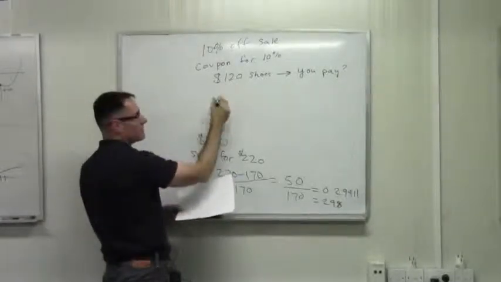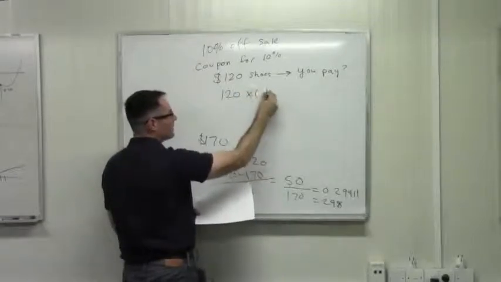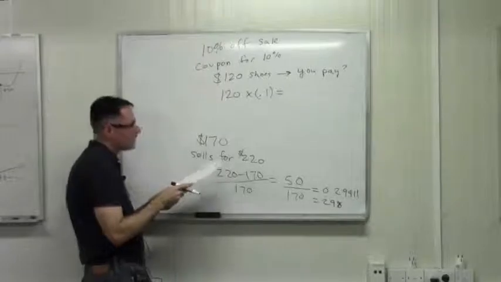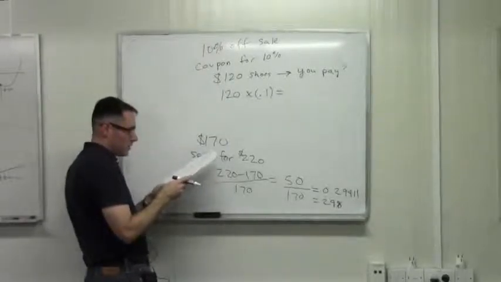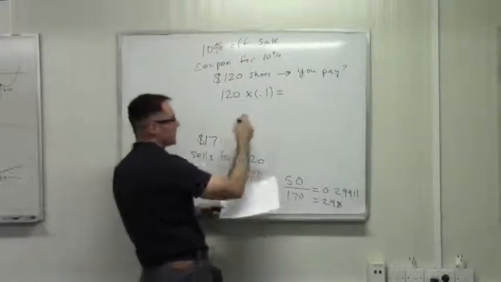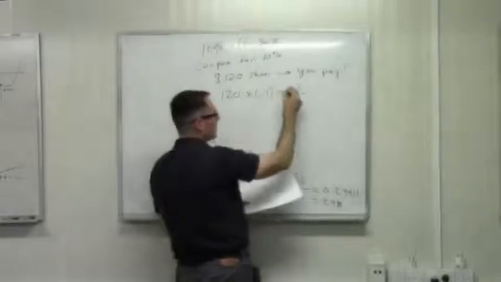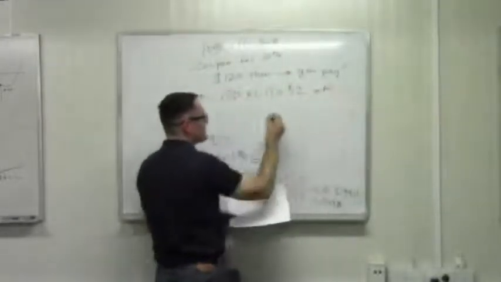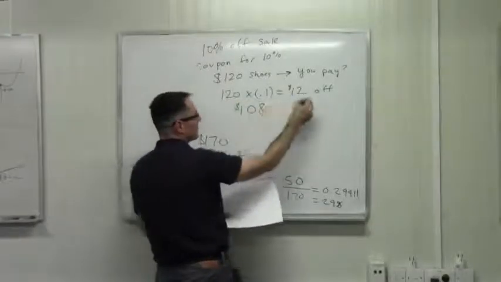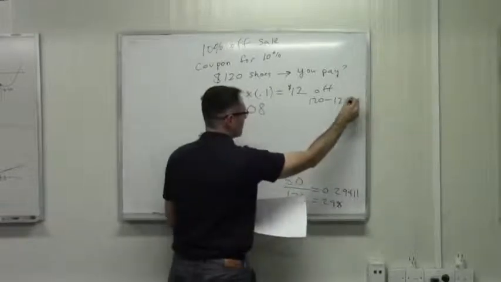10% of 120 the first time is 120 times 0.1, which gives you the amount off. So that gives you $12 off. So the price is now $108, because 120 minus 12 equals 108.